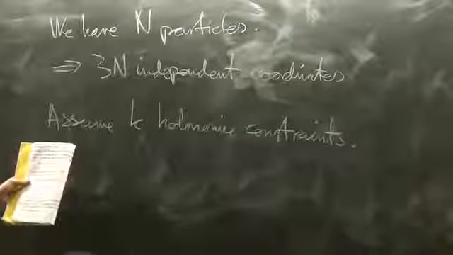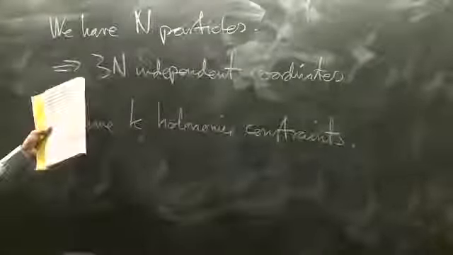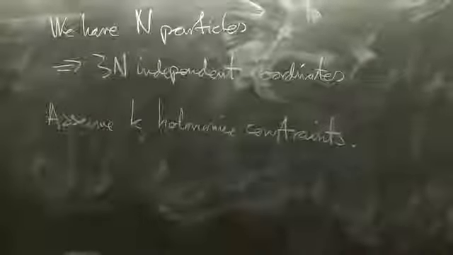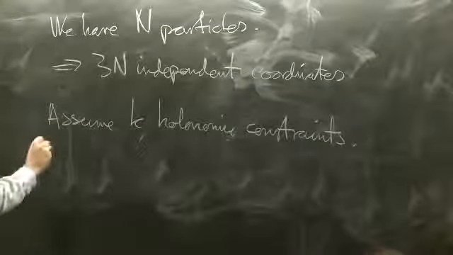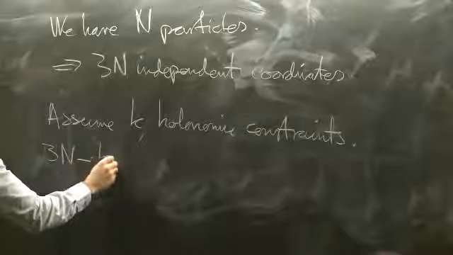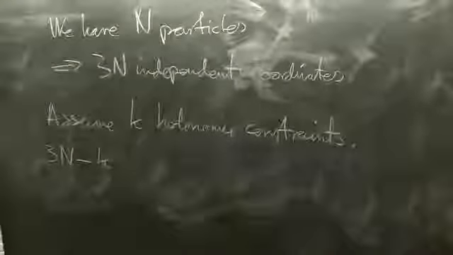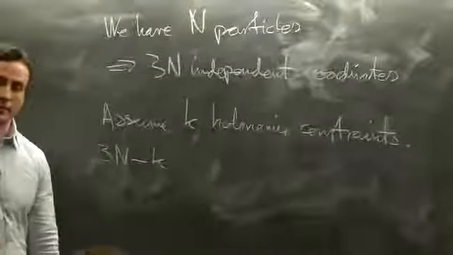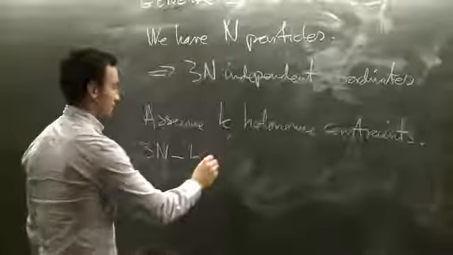So it means that if we have originally 3n independent coordinates with k holonomic constraints, we have 3n minus k independent coordinates in reality when taking into account these constraints.